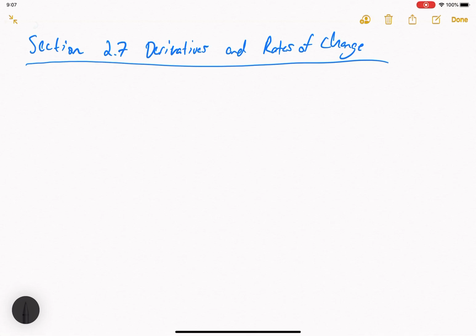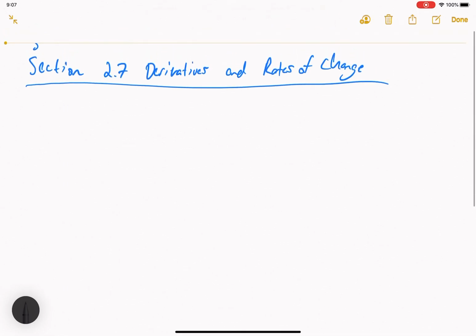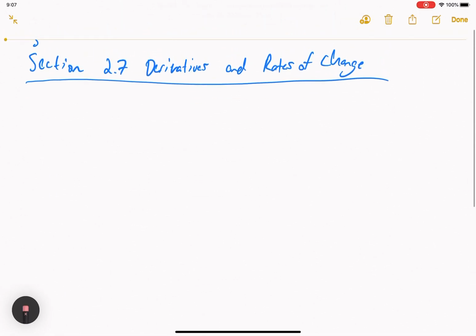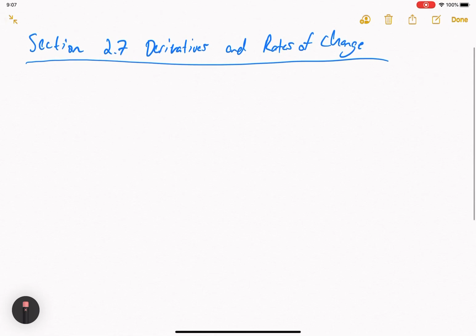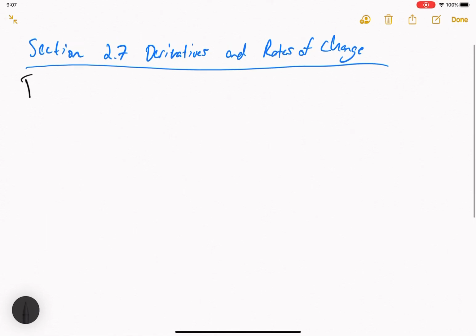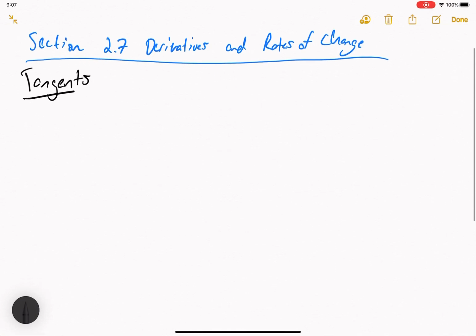So if you remember what we did in section 2.1, I think it was tangents. Let's go over tangents real quick. Remember the construction that we had at the very end, the fact that we can use secant lines to approach the tangent line.